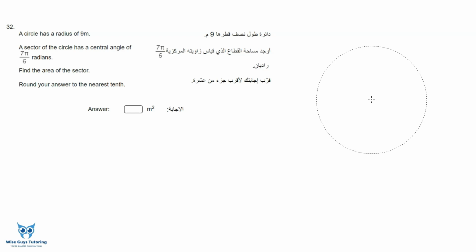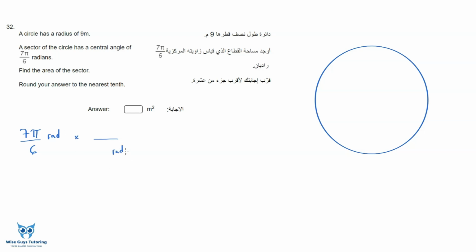Let's draw a little circle here so we can imagine what we're talking about. When they're saying 7 pi over 6, I'll just do this quickly on the side. They didn't ask us, but I'm going to show you for practice's sake. To convert this into degrees, since radians are on top, I'll put them on bottom because that's what I want to change. I know the relationship is that 180 degrees is pi radians.